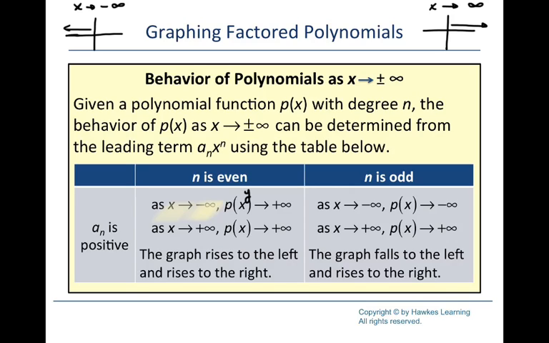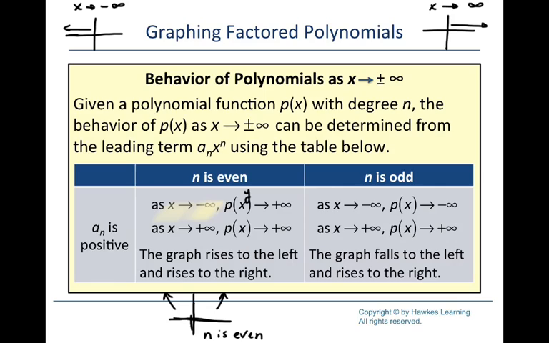Well, that means it's approaching positive infinity. So this is for all graphs, when n is even, that's the highest power of x is even, it's going to go up on the right and up on the left. Up on both sides is the end behavior. Okay?